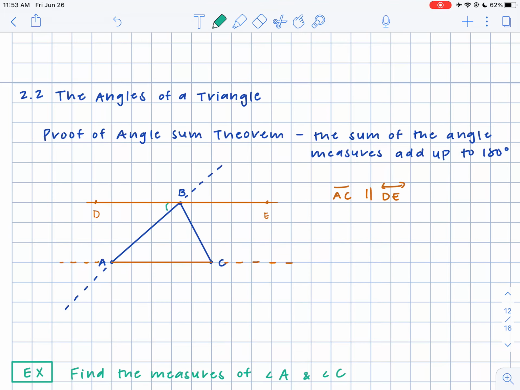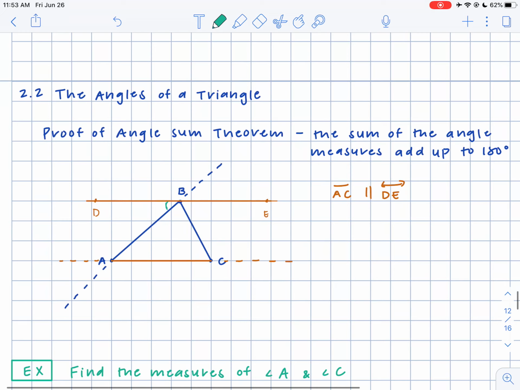So this angle here, which is on the outside of the triangle, is congruent to angle A, okay? So we can say that this angle on the outside of the triangle, the exterior angle, is congruent to angle A.